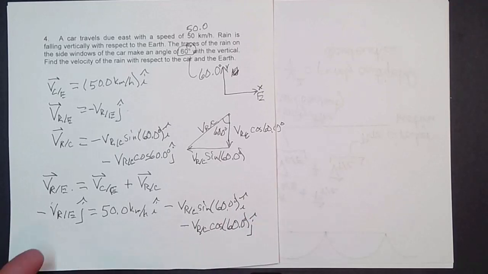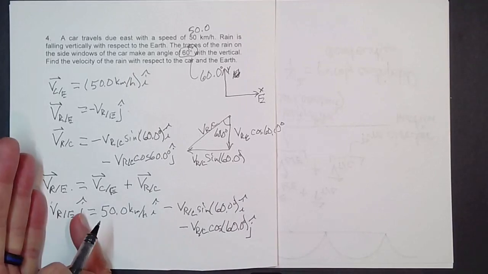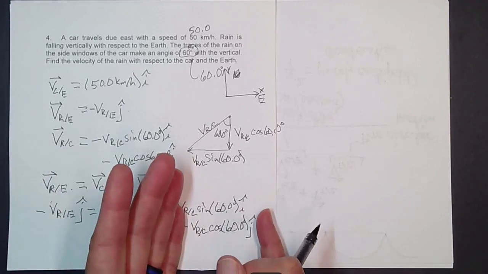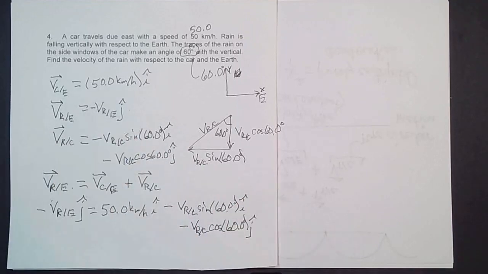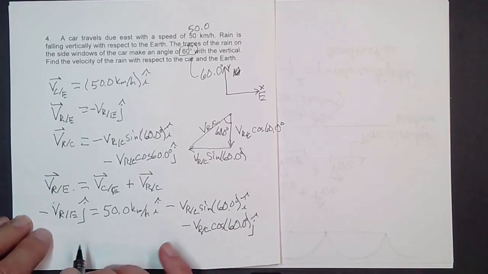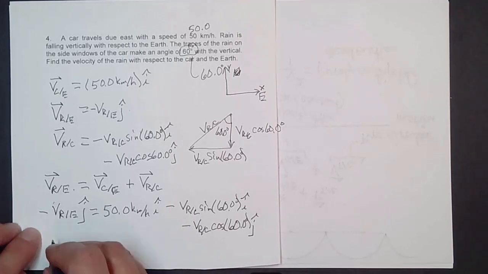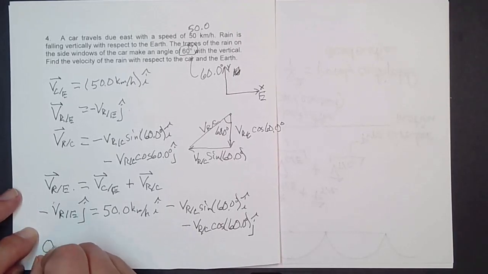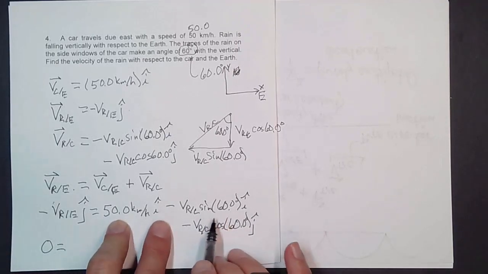Okay, well, we've got a vector expression here. The j-hat terms from one side will equal the j-hat terms from the other. The i-hat terms from one side will equal the i-hat terms from the other. Let's do the i-hat terms first. There's no i-hat term here, so on the left side we'll have 0 is equal to the sum of these two things. And now we're in scalars.